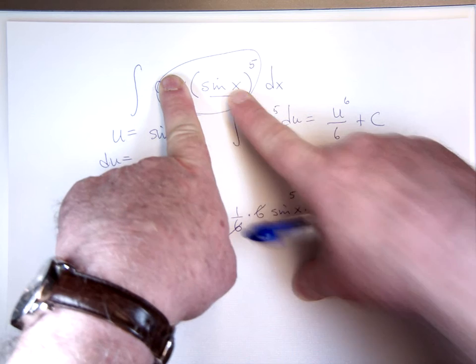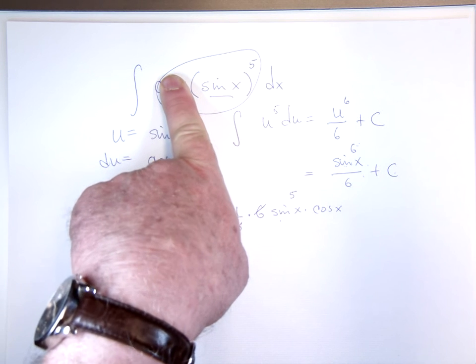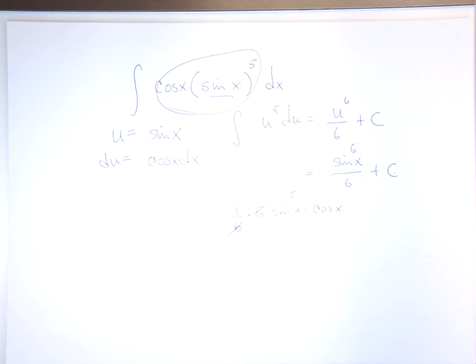We'll be doing a lot of trig in that chapter in a few weeks. You're going to have to know the trig identities, the Pythagorean identities. Sine to the fourth is sine squared times sine squared, which is 1 minus cosine squared, multiply it out.